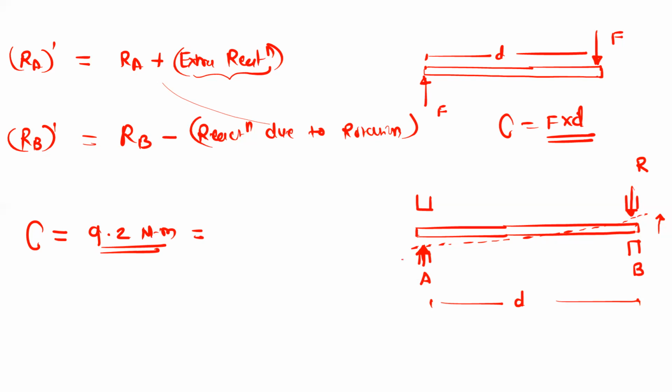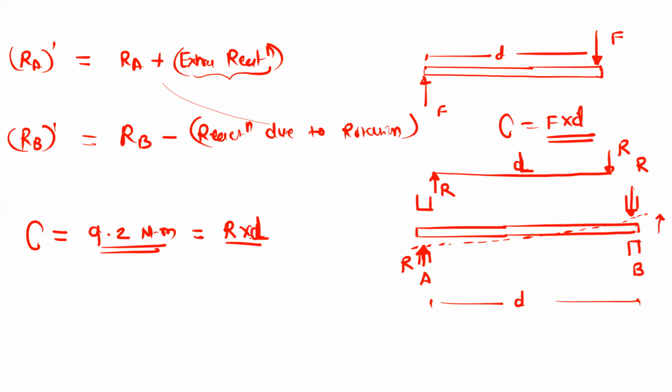And this is R. So this R into L. So similar to this equation, F into D, which is a couple. So same here, R into L is the couple. Okay. So I will draw the force diagram. So this is R, this is also R, and this is L. Okay, or D. So this is R into D.